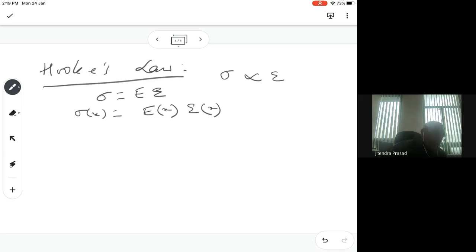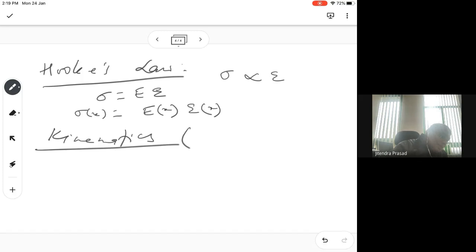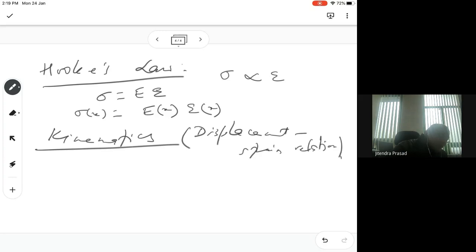The same thing we can write there. Instead of sigma, we can write these things. But again, we don't know what the strain is. What we know is the kinematics, or displacement-strain relationship, and this says strain is equal to du over dx.